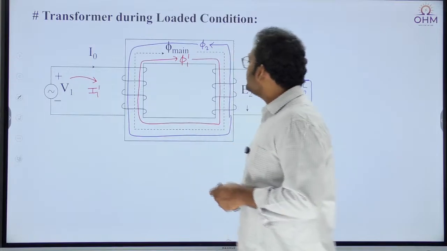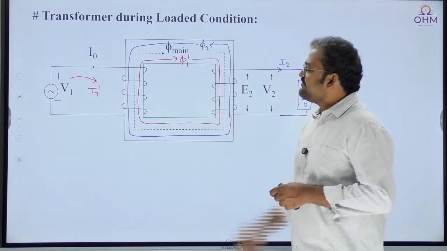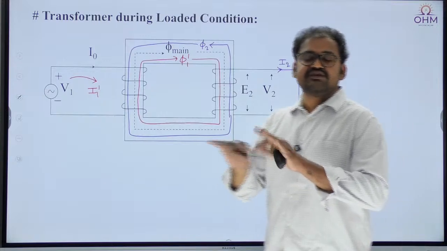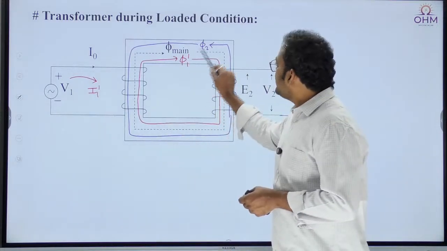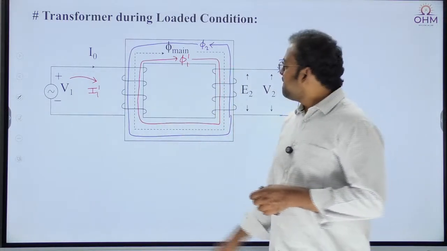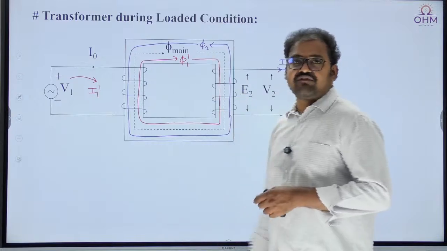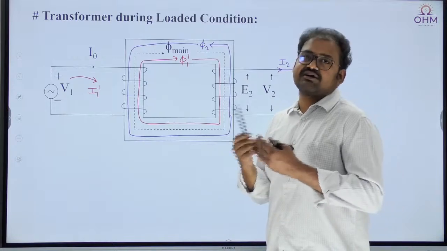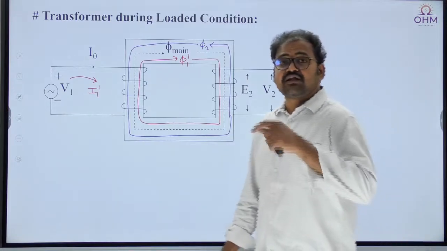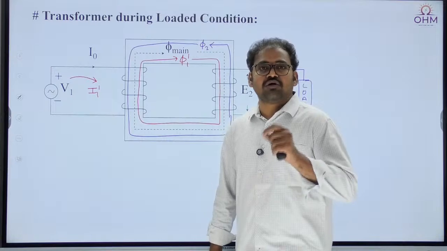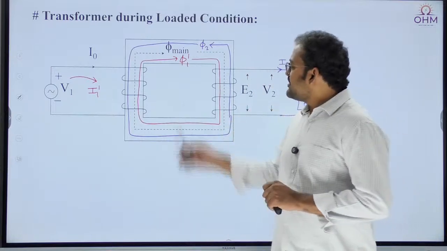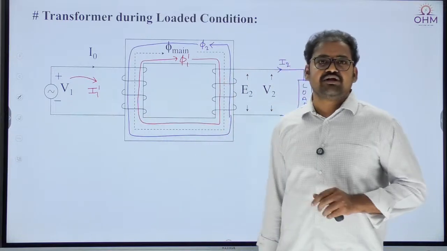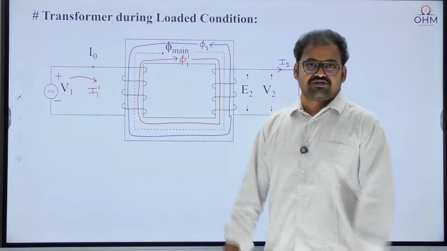And finally at a steady state, this phi 1 dash and phi 2 will neutralize each other. Once they neutralize each other, what is the only flux that will be available in the transformer? Main flux only, indirectly mutual flux only. That is why transformer is also known as a constant flux device, because whether it is no load condition or loaded condition, the flux remains constant.